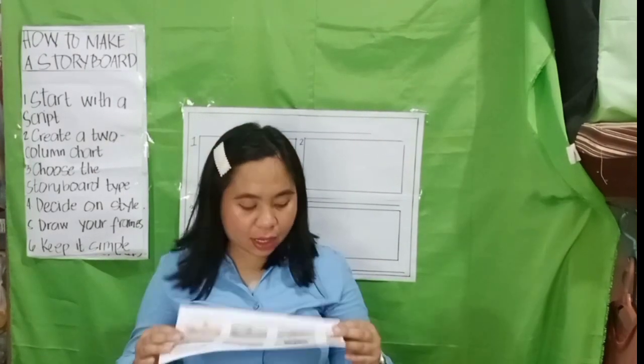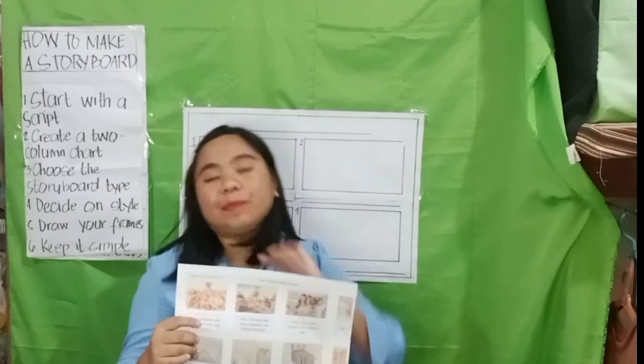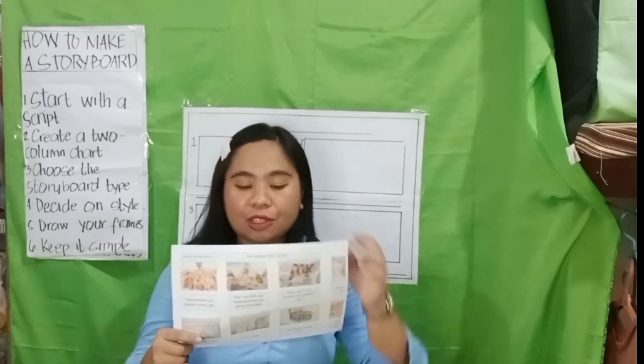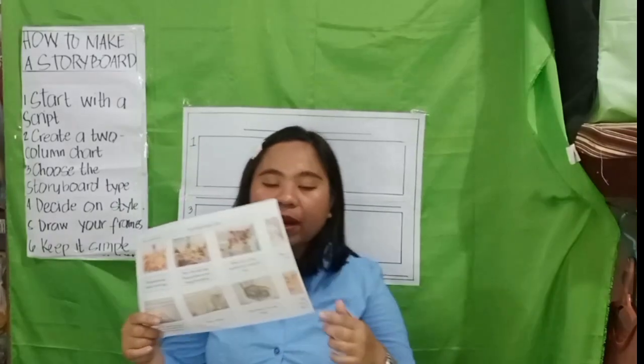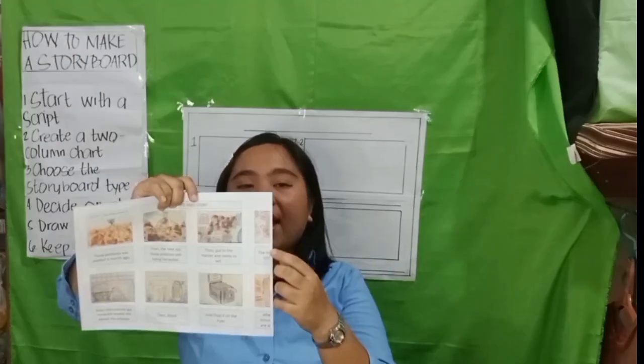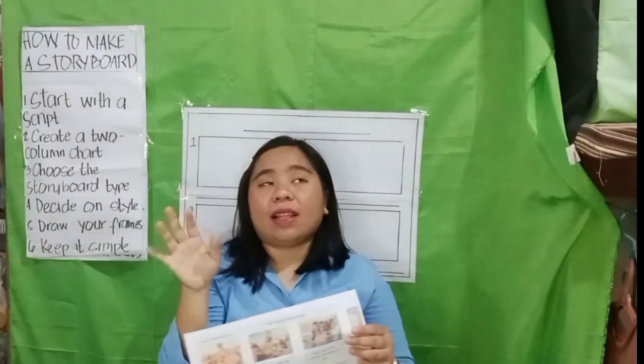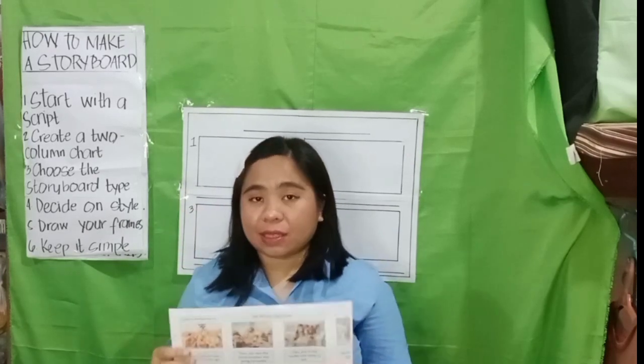So I have here my storyboard. I created this when I was in first year college. I'm sorry if my storyboard looks like this because the printer that I used could not print a file of that size.